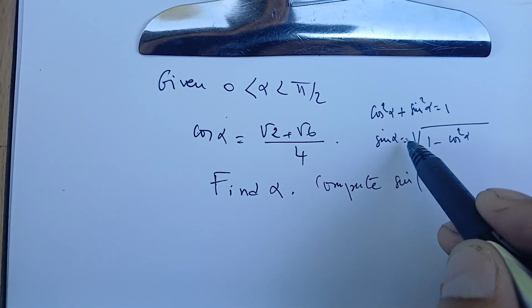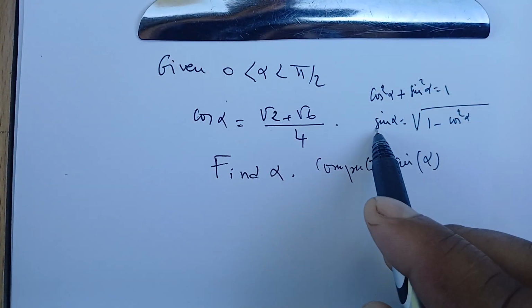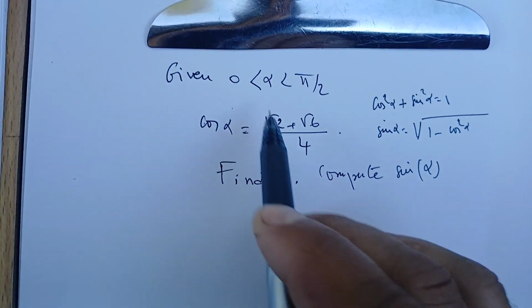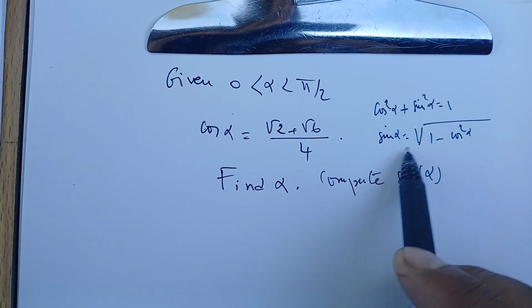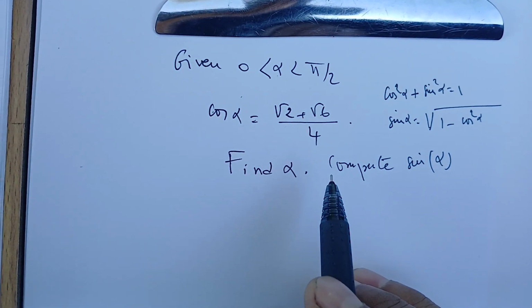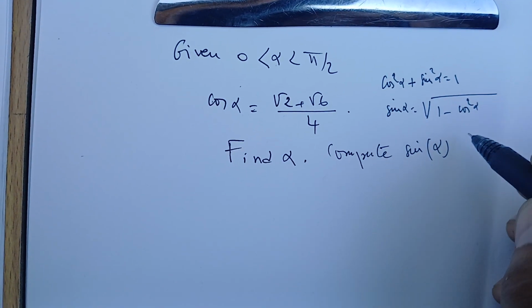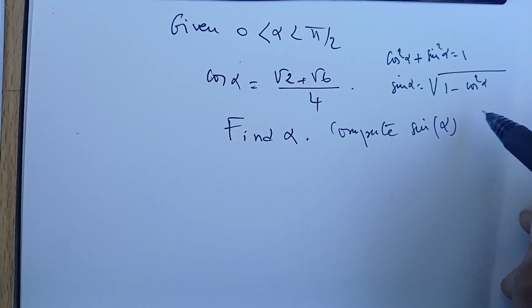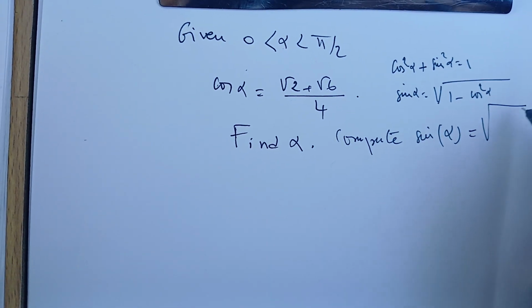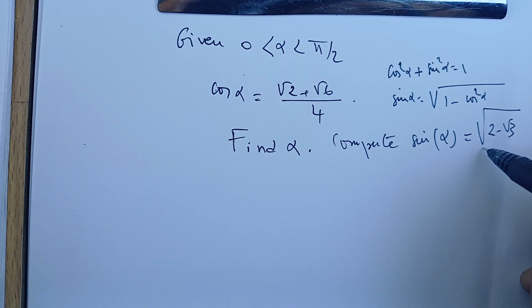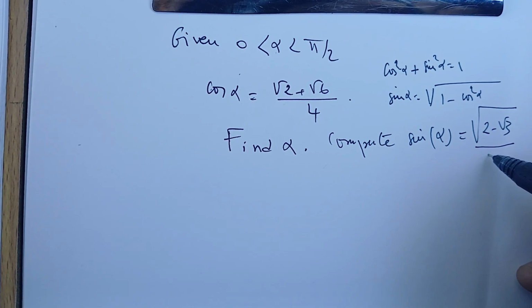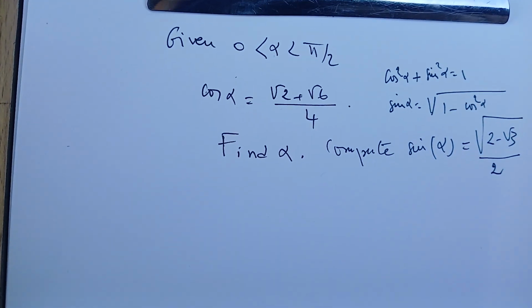We don't need plus or minus here, we need just a plus, because alpha is positive as given here. And we can compute this one. Doing so, we find that the sine of alpha is just the square root of 2 minus square root of 3, over 2, I think. Yes, over 2.